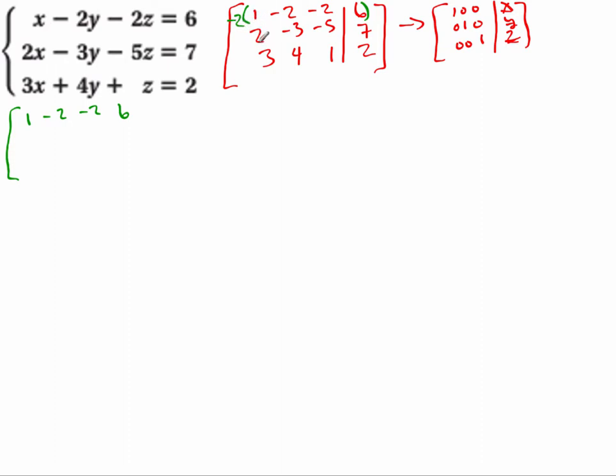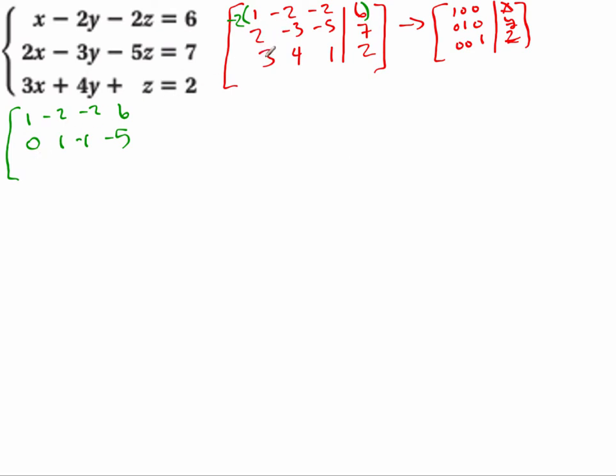So -2 times 1 is -2, plus 2 is 0. -2 times -2 is 4, plus -3 is +1. -2 times -2 is 4, plus -5 is -1. -2 times 6 is -12, plus 7 is -5. So you see, I've eliminated the x variable in the second equation.